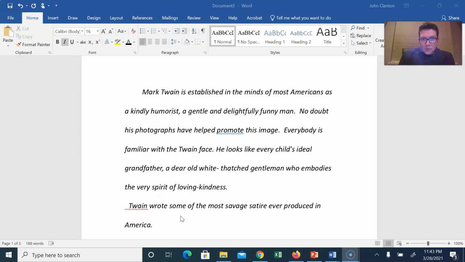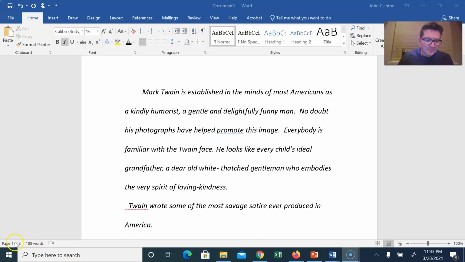So we would want to come up with ways to transition from this idea, this view, this friendly, non-threatening view, to this person who has basically written a lot of satire about America and actually coined the phrase the Gilded Age. If something is gilded, there's like a thin layer of gold, but what's underneath is not all that shiny and good.